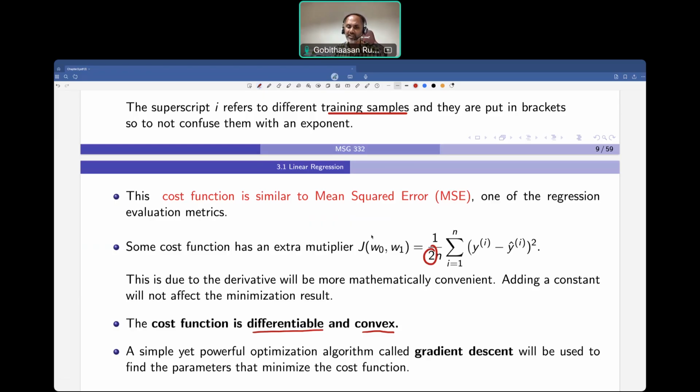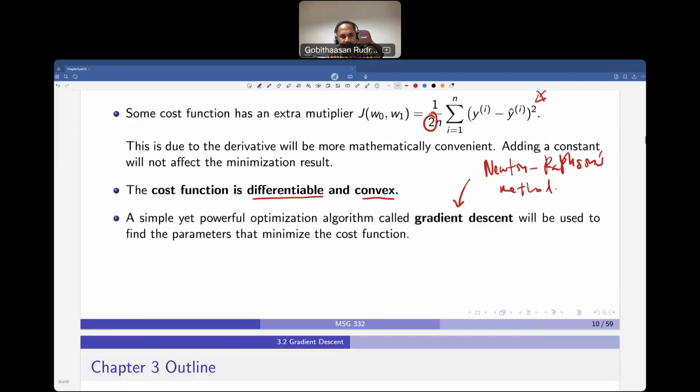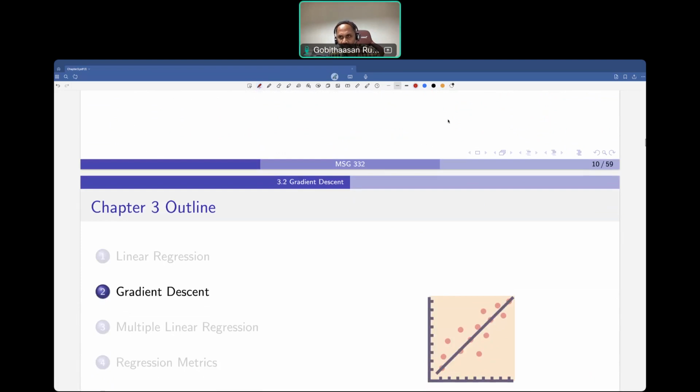Again, you can relate to the Newton-Raphson method, a numerical method to find the root of a given equation. So it's somewhat similar. Using the gradient, we want to go down quickly in such a way that we reach the global minimum. We want to minimize. The idea is to minimize this error. Okay, that would be the first part of this chapter.